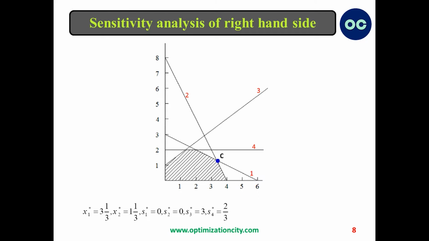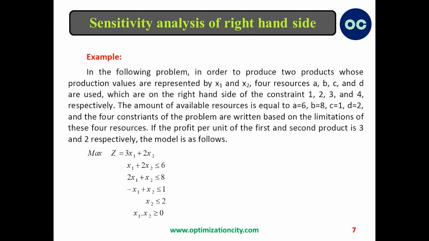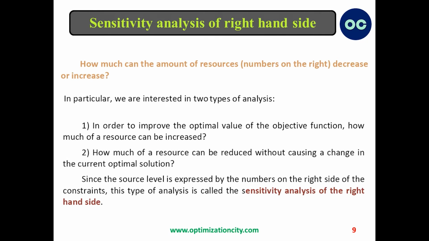So what is the difference between constraints 1, 2, 3, and 4? We'll discuss this in this slide. How flexible are the resource amounts, the numbers on the right-hand side, to decrease or increase? Once we have found the best solution, we can explore potential changes to further optimize it. Especially, we focus on two types of analysis.